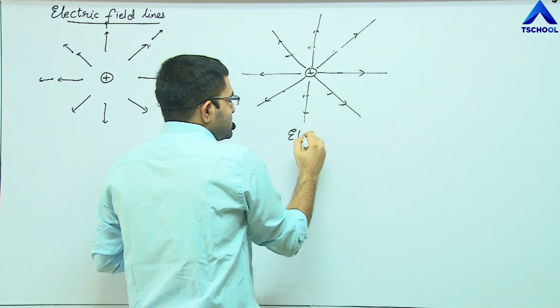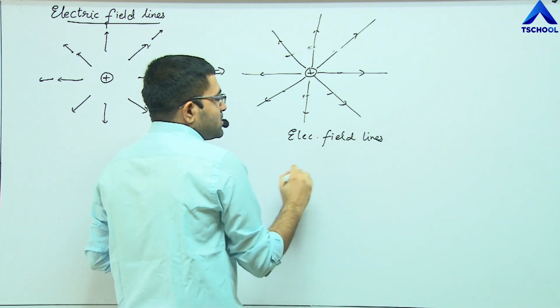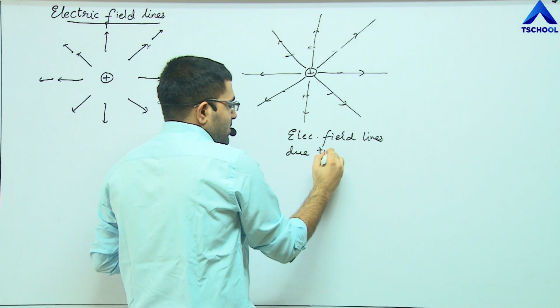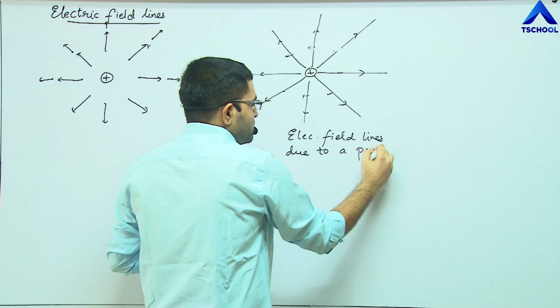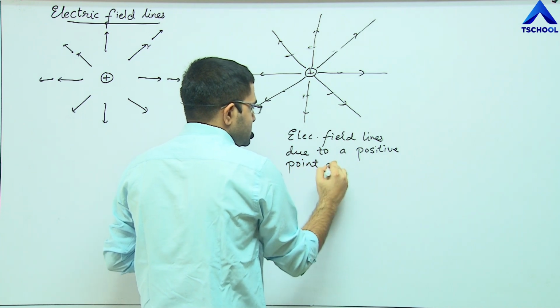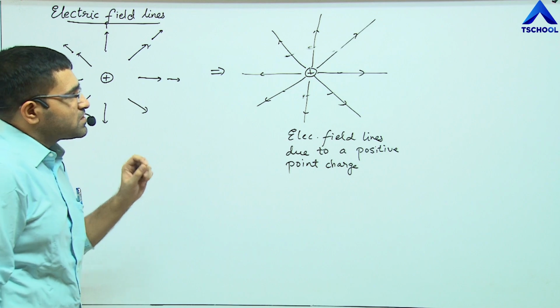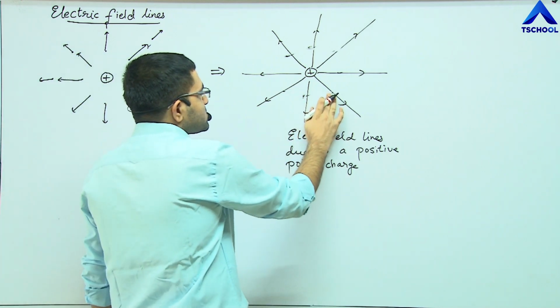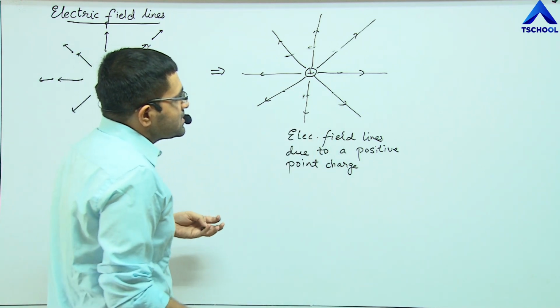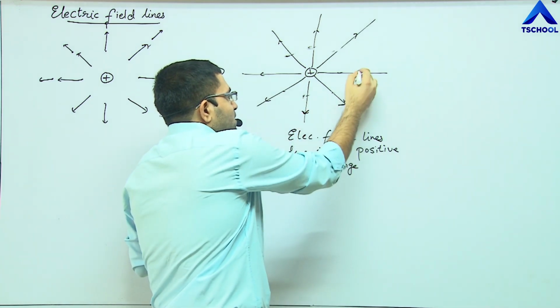This is the diagram of electric field lines due to a positive point charge. I've indicated those field lines with arrows.